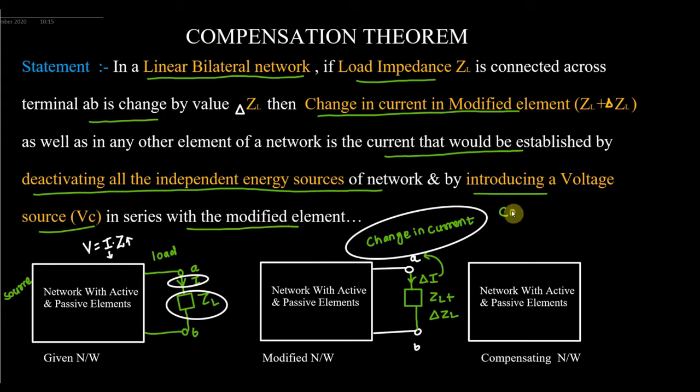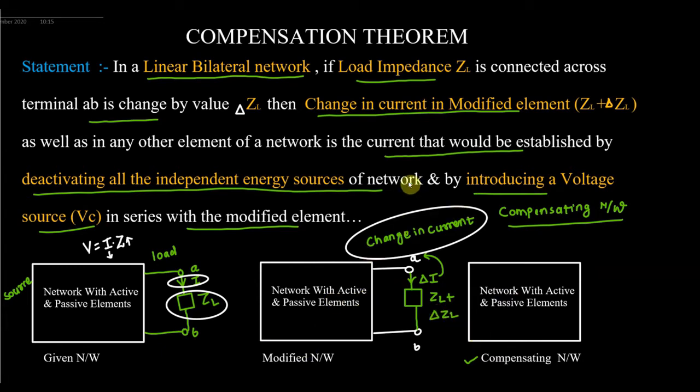That network is called the compensating network, because it will compensate for that change in the load impedance. So the modified network is converted into the compensating network.